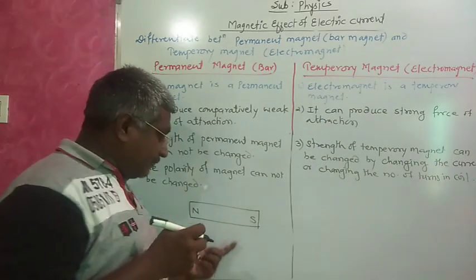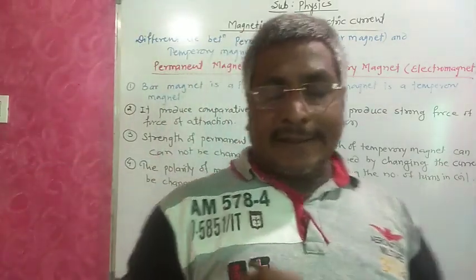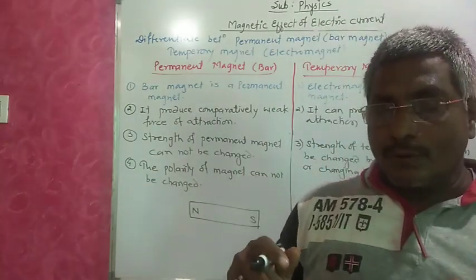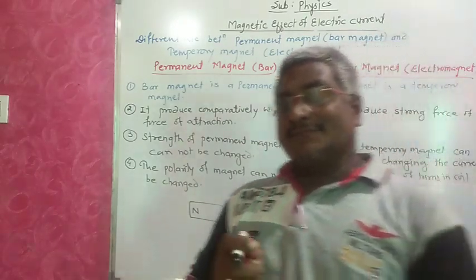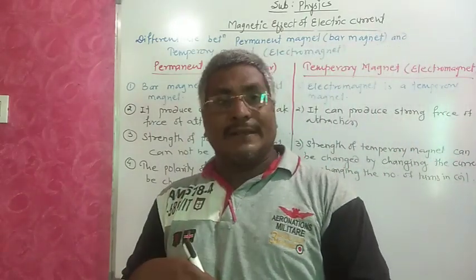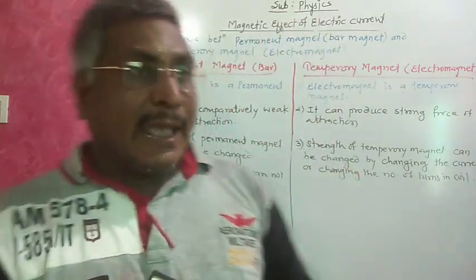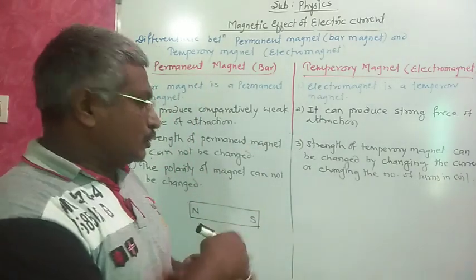Why is it settled? Already I gave the explanation in the history of magnet. On the earth, there is one magnetic mountain. That mountain has a force of attraction.